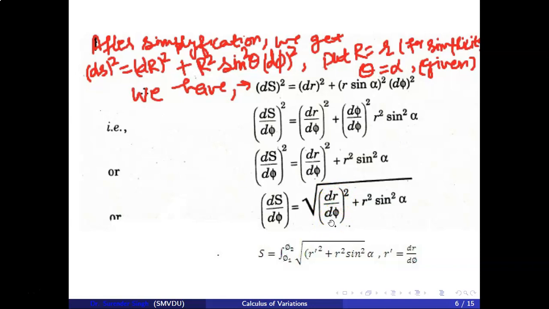Suppose you denote it by r dash. Then the equation takes this form, and as I told you earlier, the limits of the integration should be taken from phi1 to phi2 because theta is constant in this case. So the variable is phi. Angle phi will vary with the varying position of the point P.